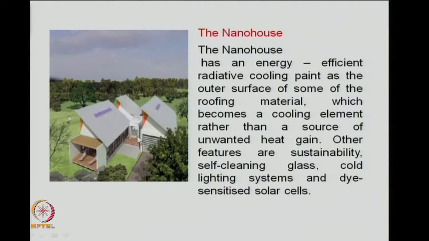Of course, this kind of a model house, which is called a nano house, has other aspects like windows, which allow certain wavelengths of light to pass, sensors which allow at different times different amounts of light to enter, and self lighting systems depending on what is the light intensity outside and inside.